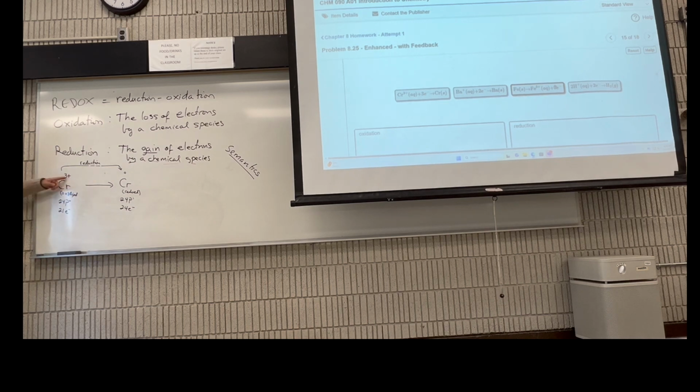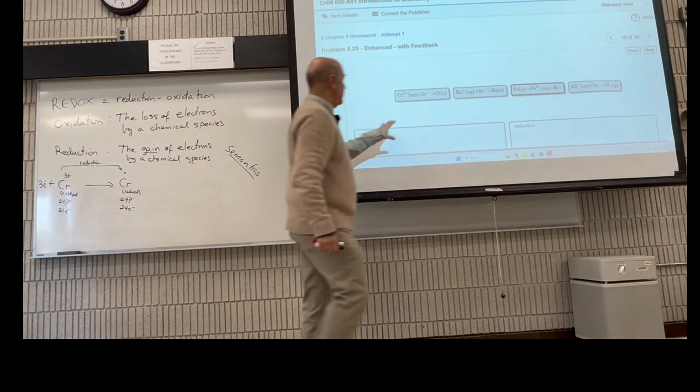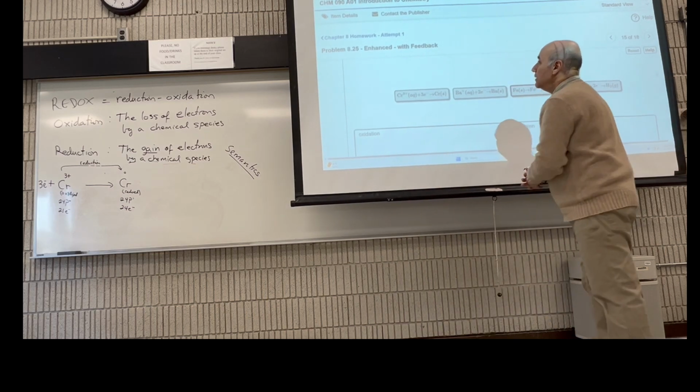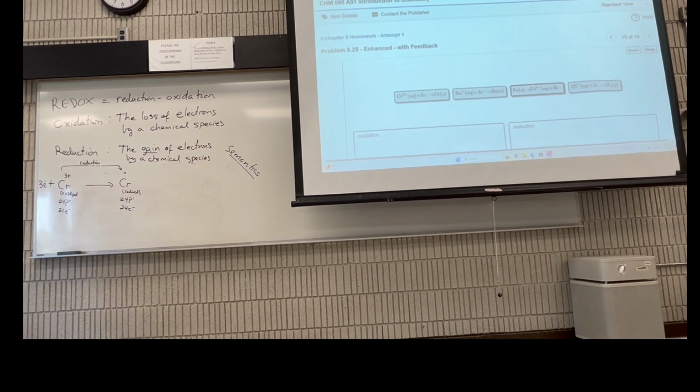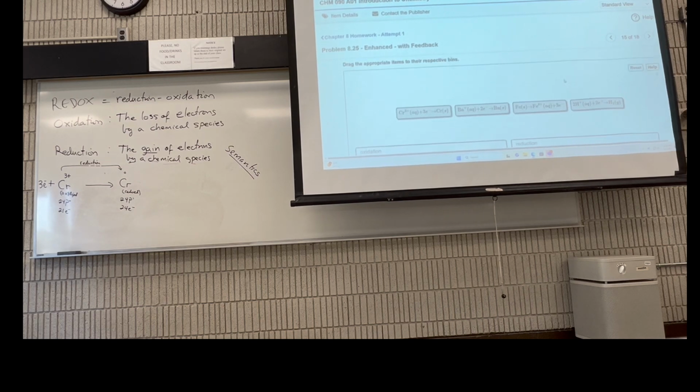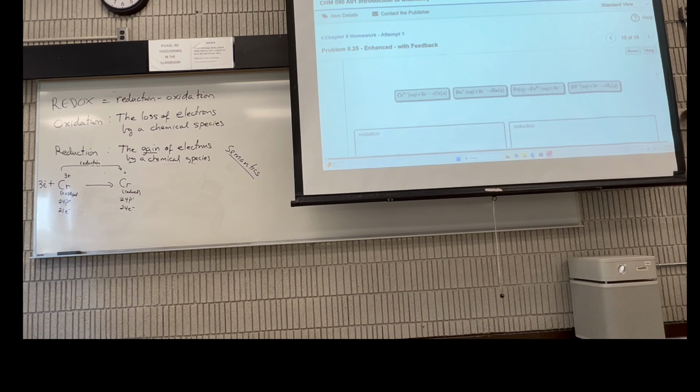Well, because the reduction is on the charge, not in gaining or losing electrons. And that's the conundrum here. That's the confusion. But with that all labeled, can we drag that? Let's see, what is the question exactly? Question: drag the appropriate items to their respective bins.